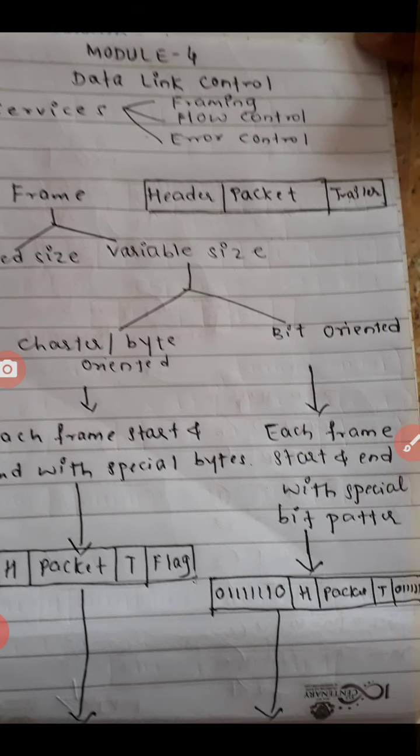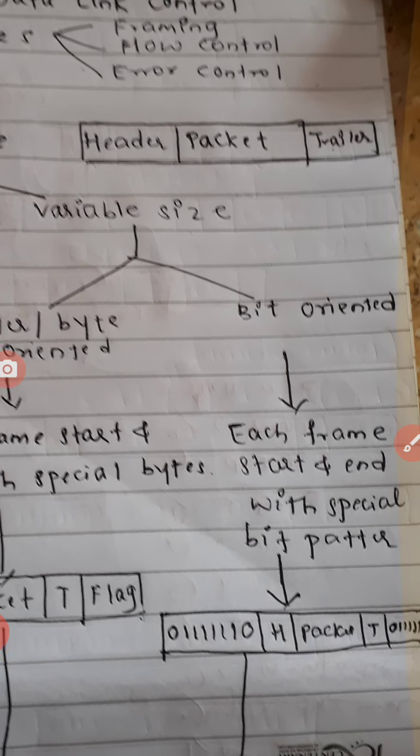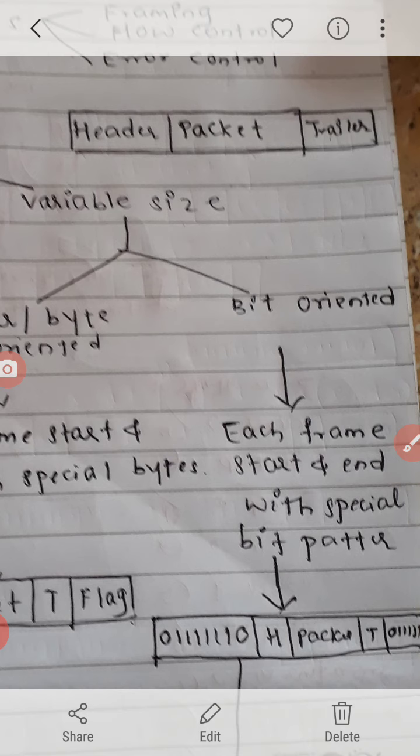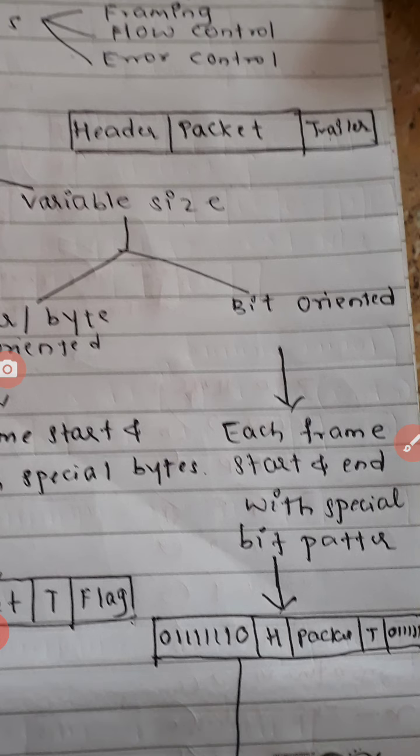In the same manner, we have the bit oriented approach. In bit oriented, each frame is attached with a starting bit pattern and an ending bit pattern. You can consider this diagram. We have the packet, the original data, the header is attached, the trailer is attached, framing is done. For this frame, a starting predefined bit pattern is attached.